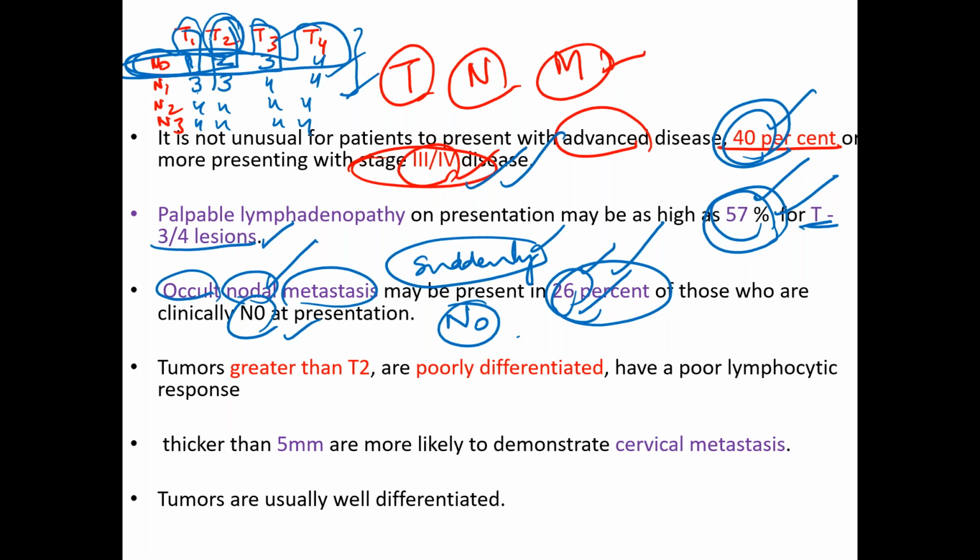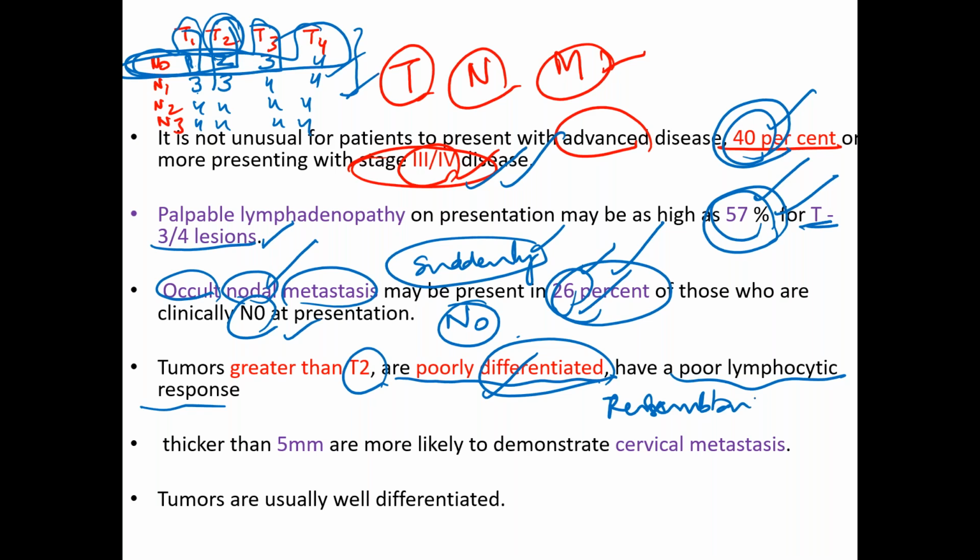If the tumor is bigger than T2, it is poorly differentiated, so it has a poor lymphocytic response. What is differentiation? Differentiation is resemblance to the parent epithelium. For example, here the squamous epithelium is resembling the squamous epithelium.